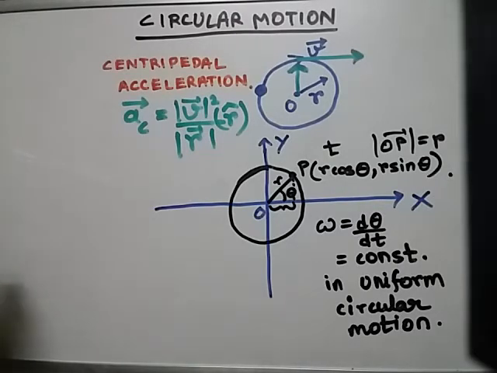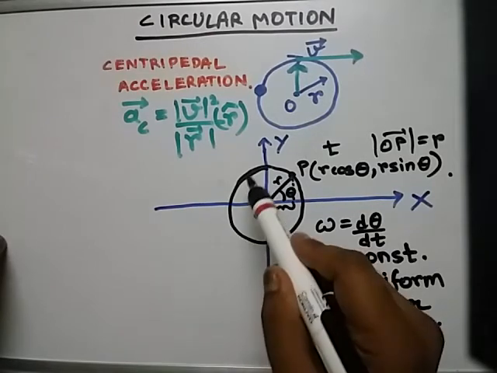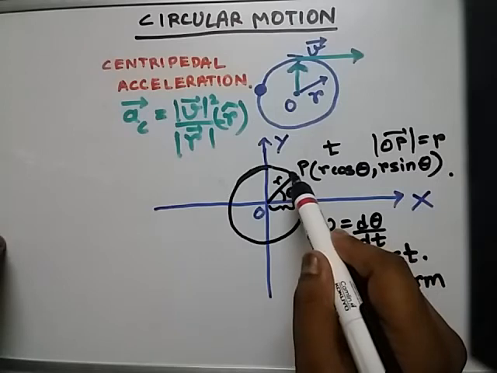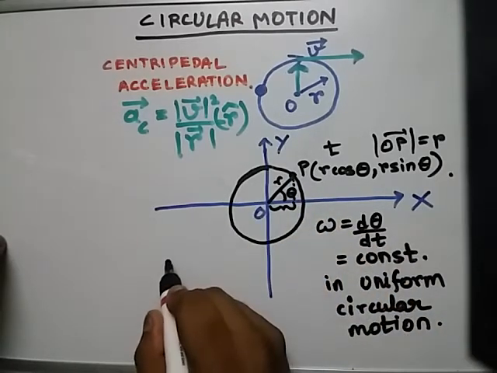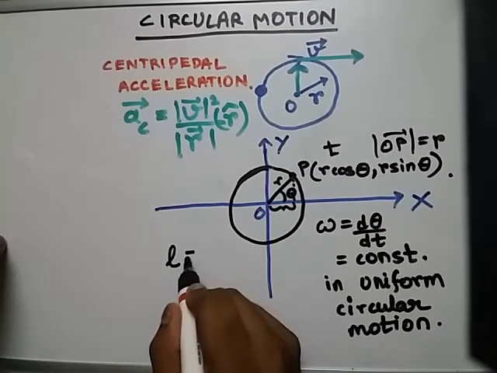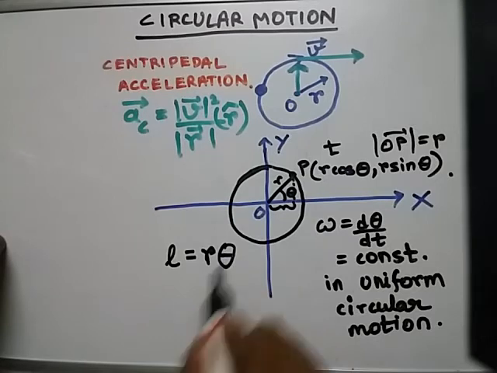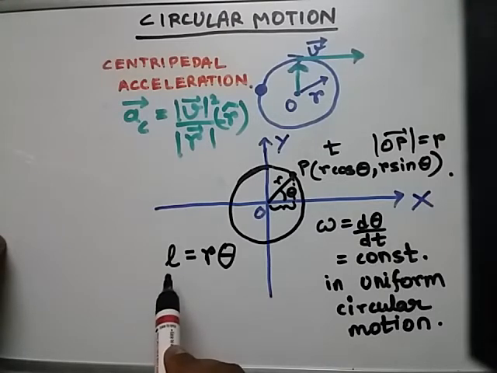Now we all know that the arc traced by a particle that subtends an angle theta at the center of the circle is given by length of the arc L equals r times theta, where theta is the angle subtended at the center of the circle, L is the length of the arc, and r is the radius of the circle.